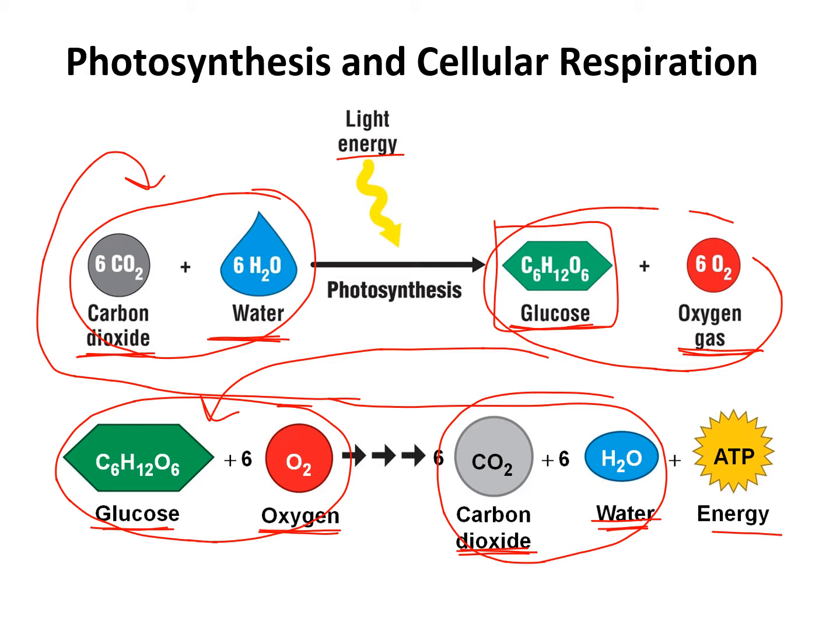But in terms of energy, energy cannot be recycled. For photosynthesis, light energy from the sun is what is used to create this high energy glucose molecule. And when that high energy glucose molecule is broken down in cellular respiration, ATP is formed for the cells to use for the work that they need to perform.